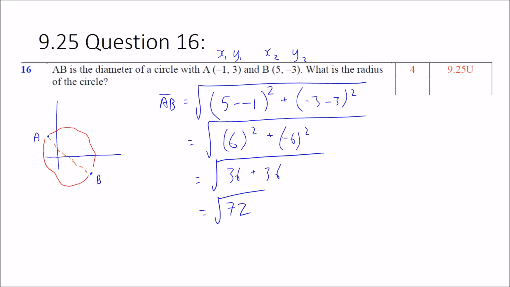So I do the square root of 72 and I get 8.48. Now, this isn't my final answer because I'm interested in the radius. So the radius is going to be half the diameter, which is going to be 8.48 over 2, which is 4.24 or thereabouts.